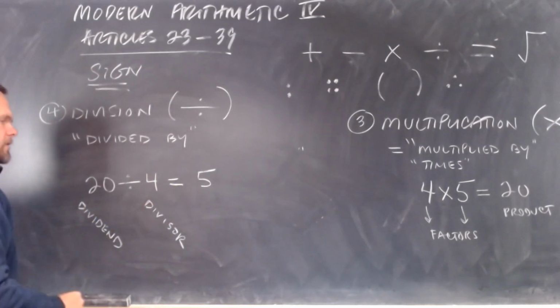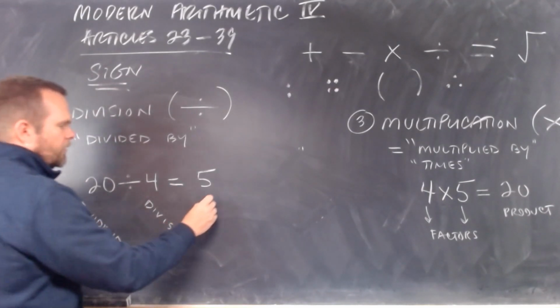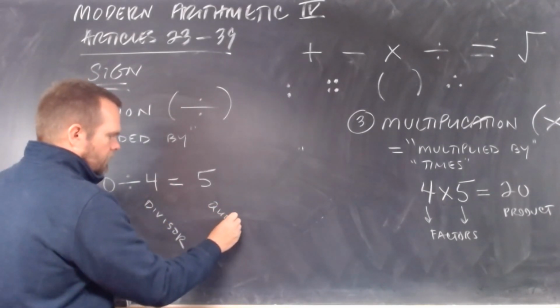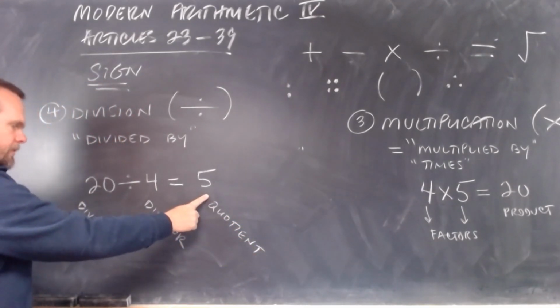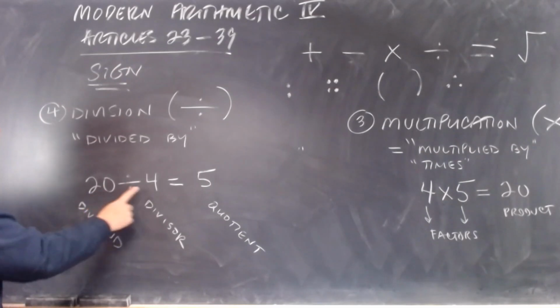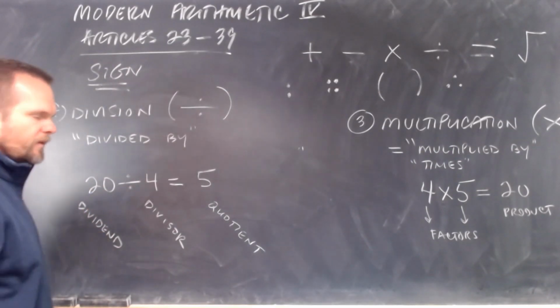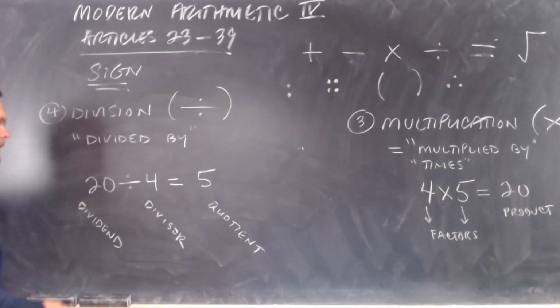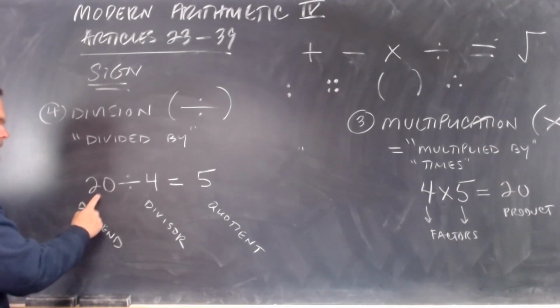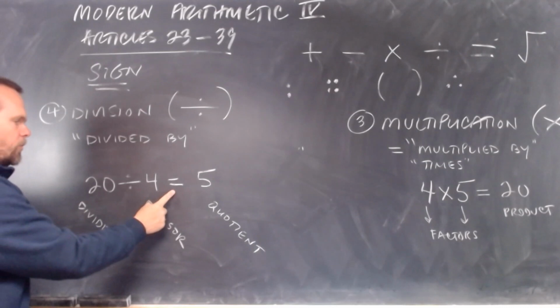And then the answer to a division problem is called the quotient, because it tells us how many times the divisor goes into the dividend. The dividend divided by the divisor equals the quotient.